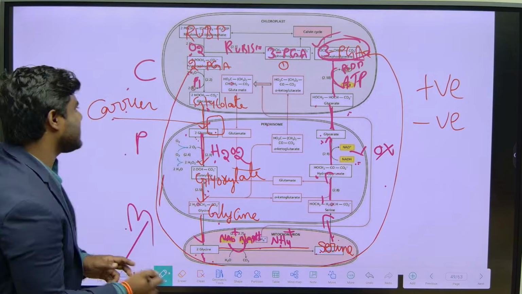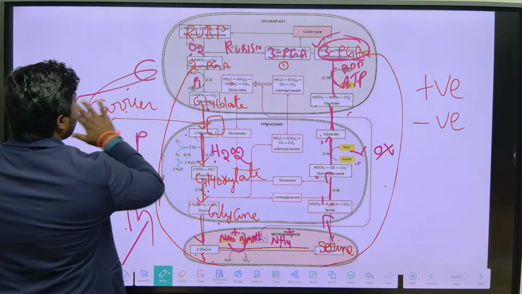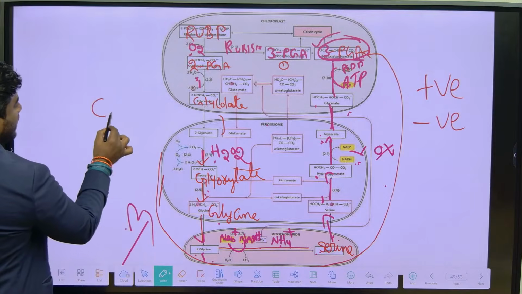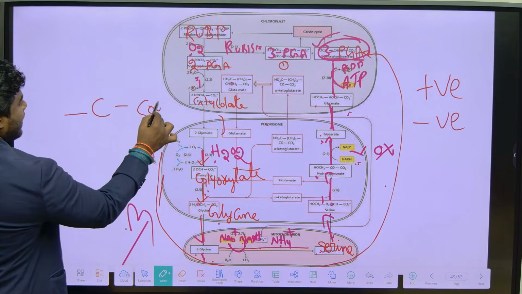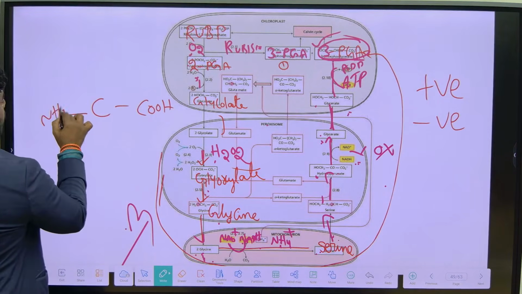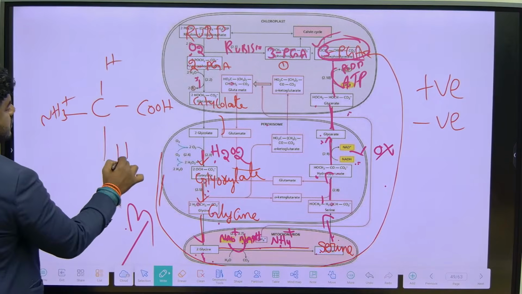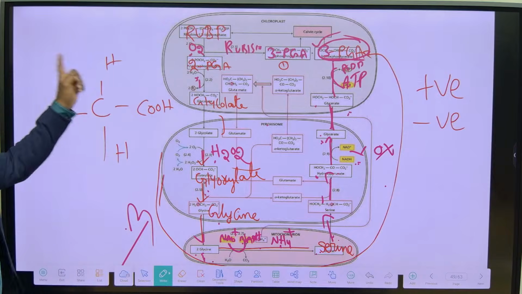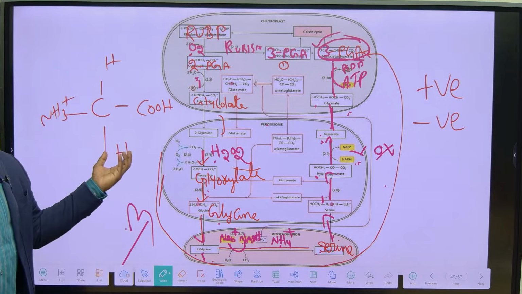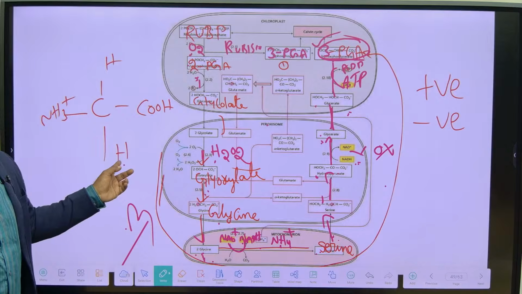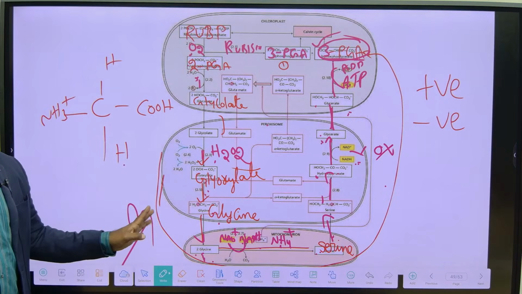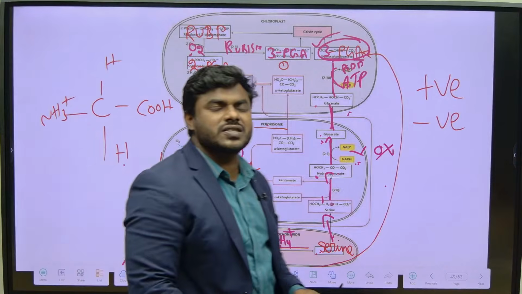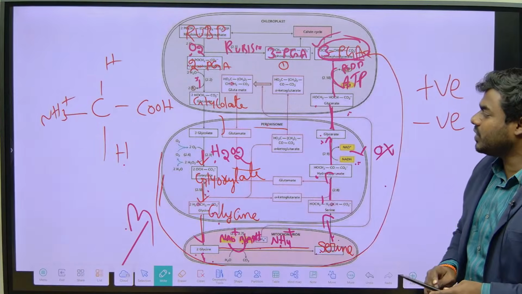In other words, it does not have a chiral carbon. If you observe the structure of glycine, it contains a carboxyl group, an amine group and one hydrogen. The R group also contains hydrogen. Only when the carbon contains 4 different groups is it chiral. Then only it is optically active. See, here the question is not about optical activity, the question is about the organelle. Correct? Which is the first intermediate that entered into the peroxisomes?